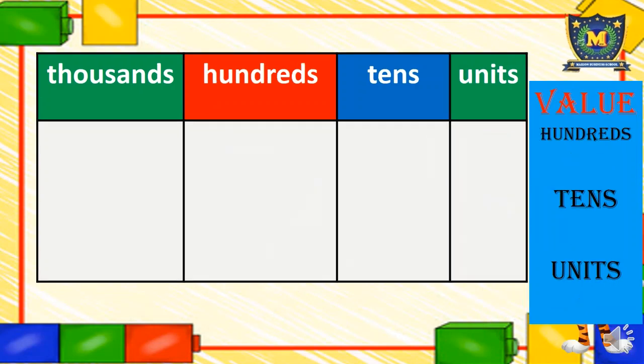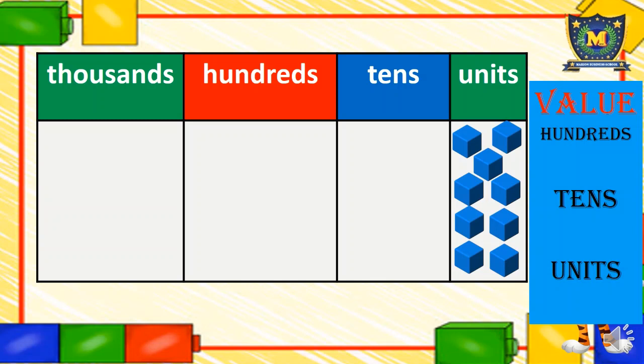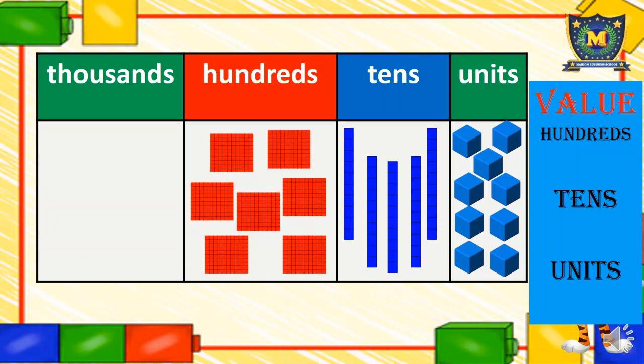Okay, last example, last one. Set. Okay, let's begin with units. Now, how many units do we have here? If your answer is 9, then you're right. How about the rods on the tens place?